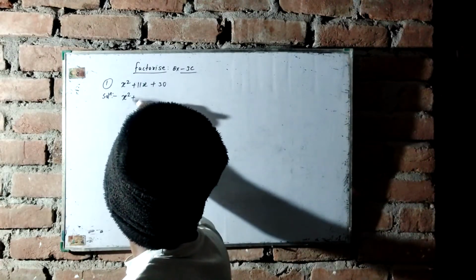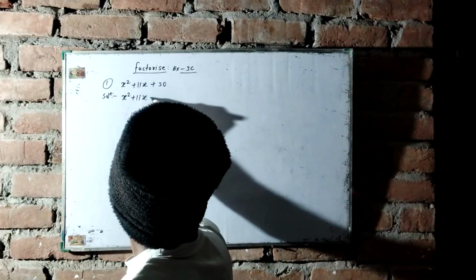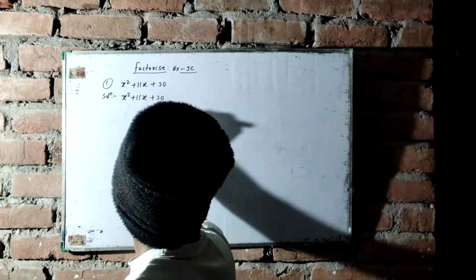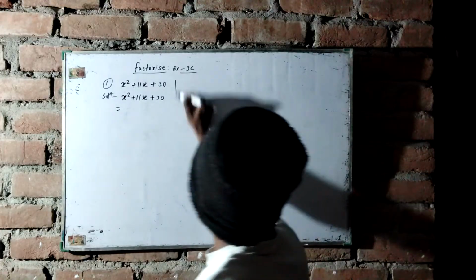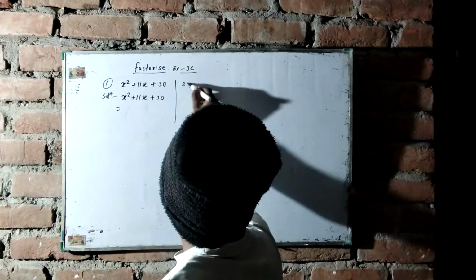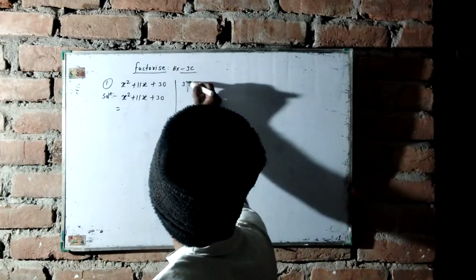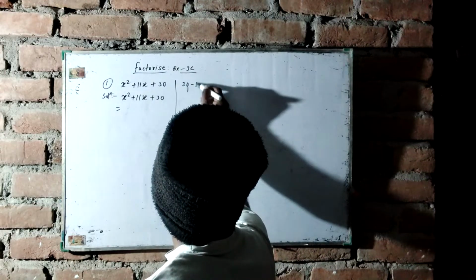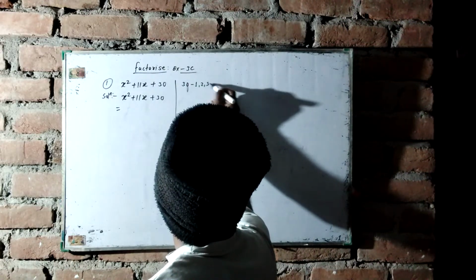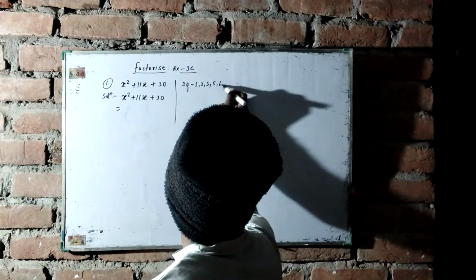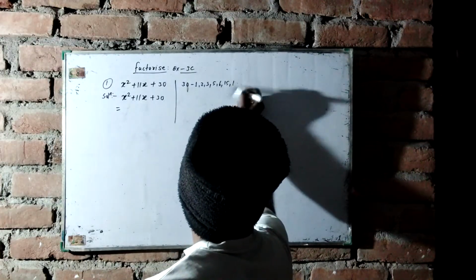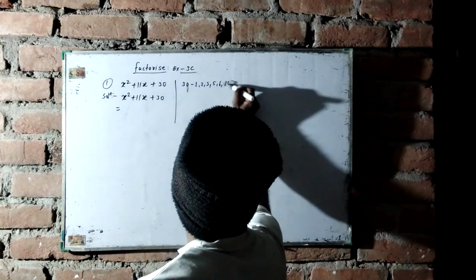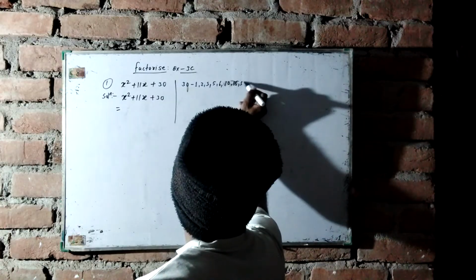x square plus 11x plus 30 is equal to... We write all factors of 30: 1, 2, 3, 5, 6, 10, 15 and 30.